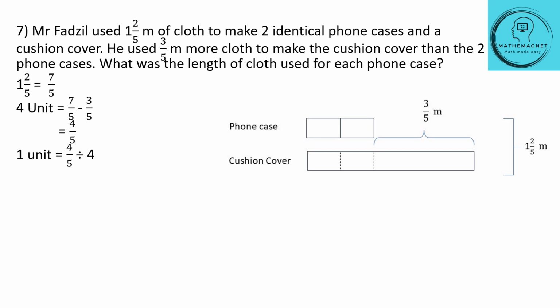So 4 units is equal to 4 by 5. 1 unit will be equal to 4 by 5 divided by 4, which is equal to 4 by 5 into 1 by 4. 4 and 4 will cancel out, it will become 1 by 5 meters. So each phone case used 1 by 5 meters of cloth.